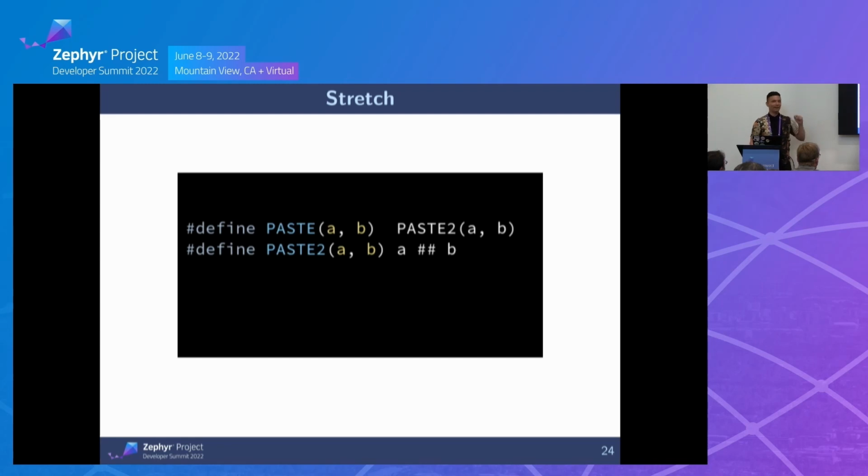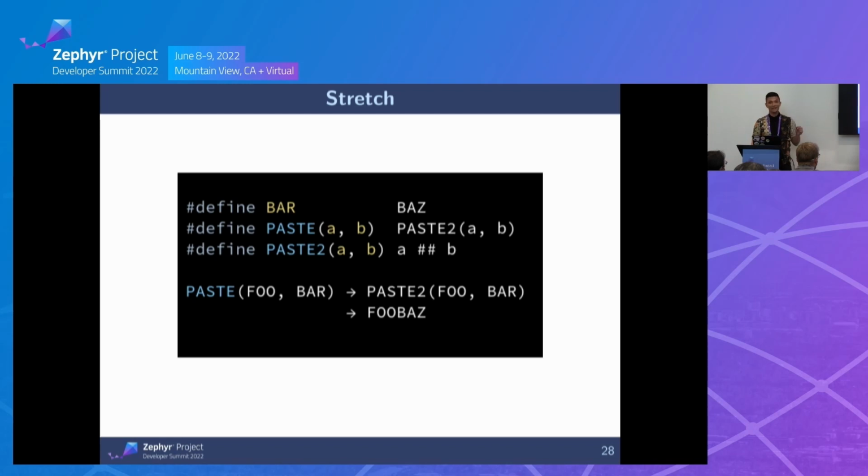And then I will expand the result. So now paste foobar is paste2 foobar. But if bar is baz, then actually that's foobaz, not foobar. And if foobaz is something else, then that gets expanded again.